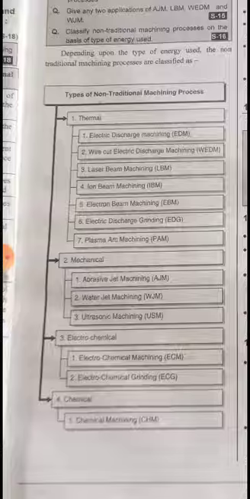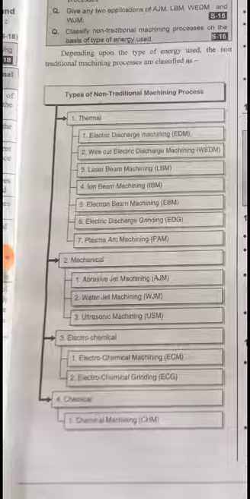In thermal: electric discharge machining, called EDM. Then wire cut electric discharge machining, that is WEDM. Laser beam machining, LBM. Ion beam machining, IBM. Electron beam machining, that is EBM. Electric discharge grinding, that is EDG. Plasma arc machining, that is PAM.